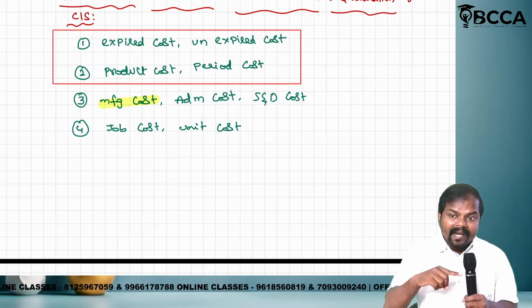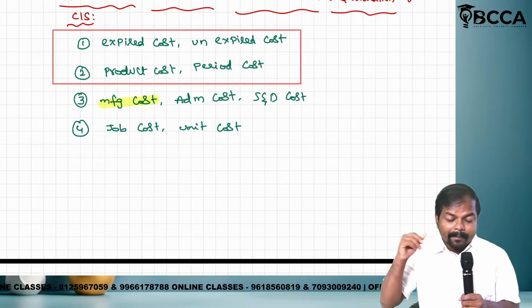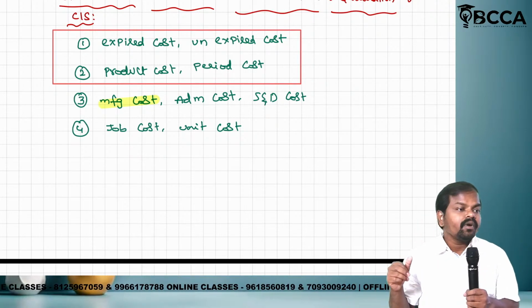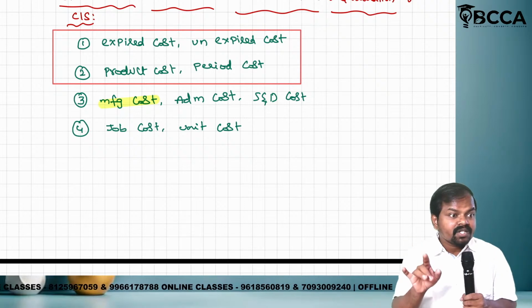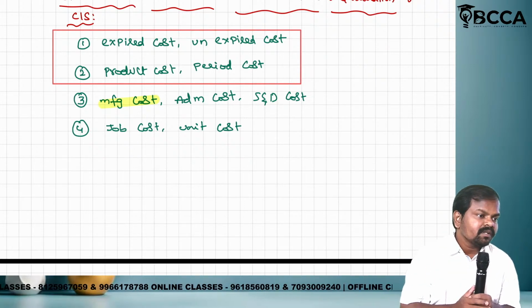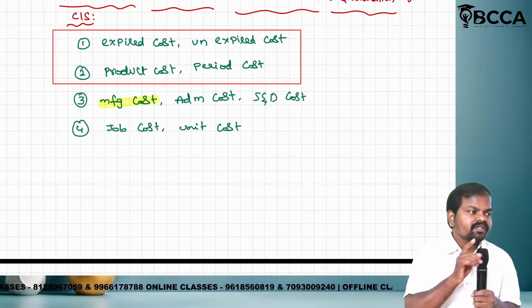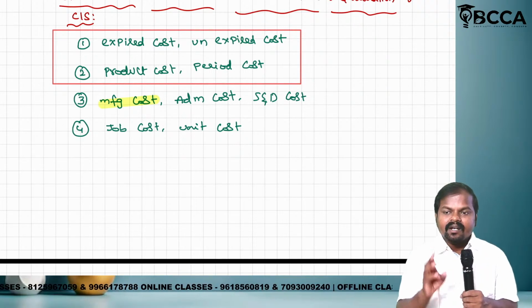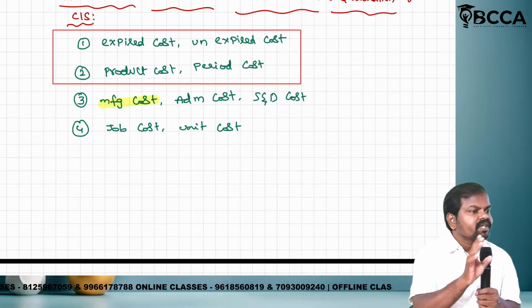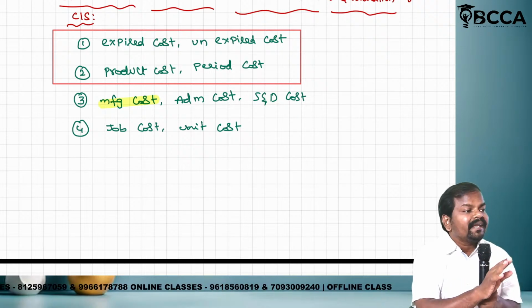Manufacturing. Admin is for the purpose of manufacture or sold? Sold. If any cost is incurred by the organization for the purpose of sold units, it is period cost.